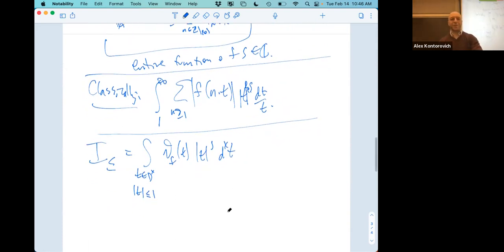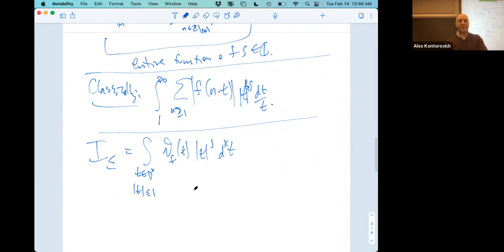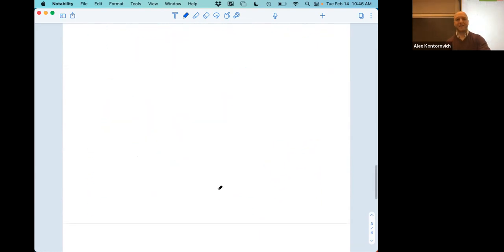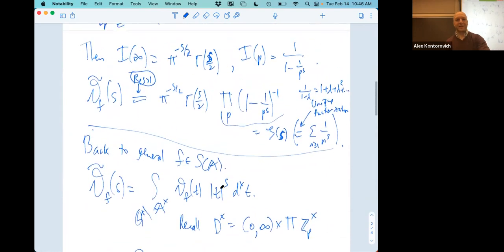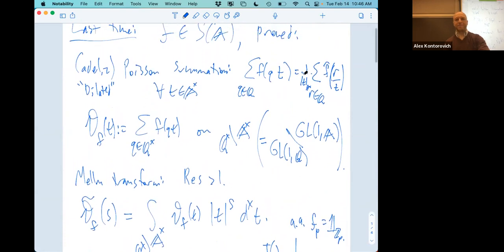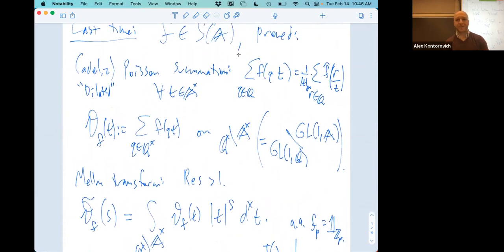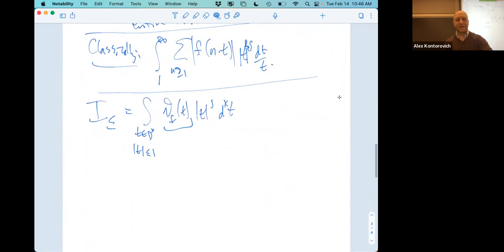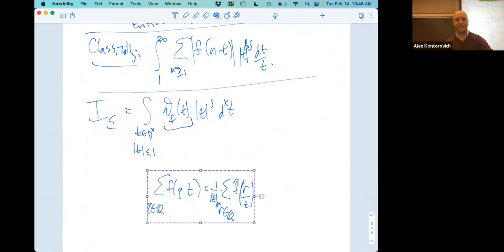What we're going to do here is, remember, we have Poisson summation that says that the theta function is a sum over, all right, let me grab this, copy, and paste.